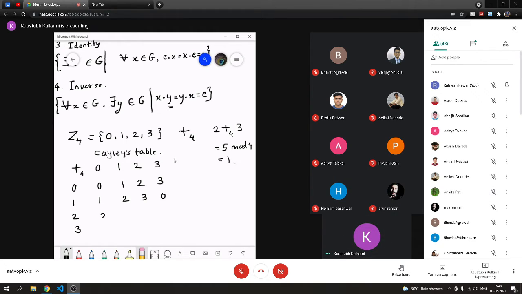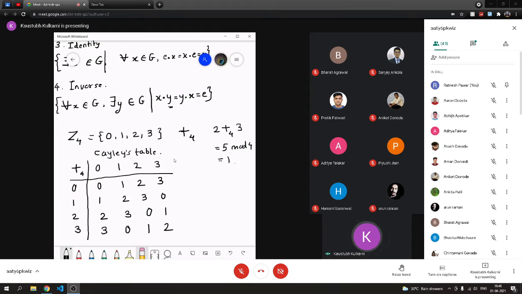Then 2 plus 0 is 2, 2 plus 1 is 3, 2 plus 2 is 4, 4 mod 4 is 0, 2 plus 3 is 5, 5 mod 4 is 1. 3 plus 0 is 3, 3 plus 1 is 4, 4 mod 4 is 0, 3 plus 2 is 5, 5 mod 4 is 1, 3 plus 3 is 6, 6 mod 4 is 2. Okay, so this is the Cayley's table that we have.